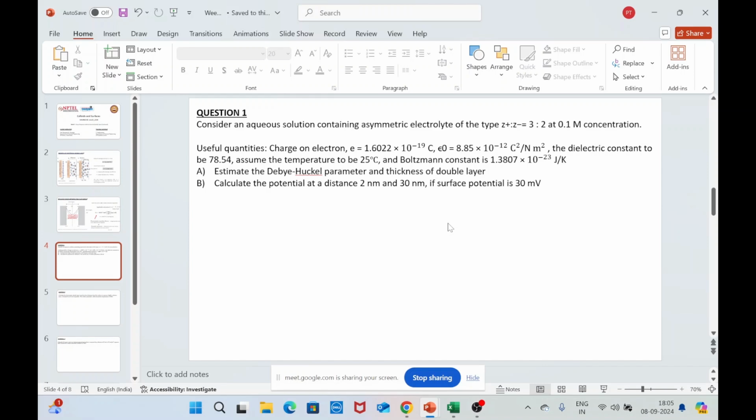The first step. So what is the Debye-Huckel parameter? Just now I said, right?